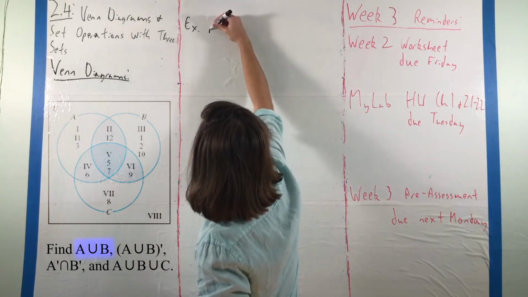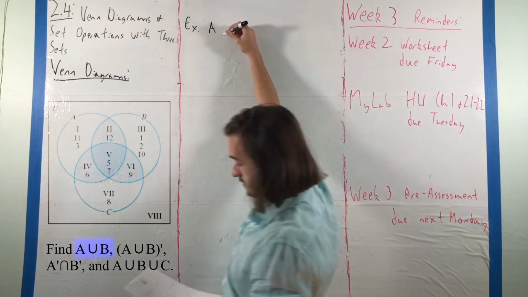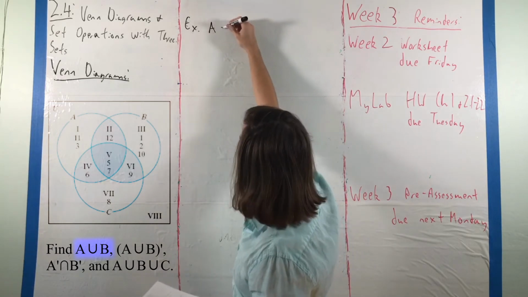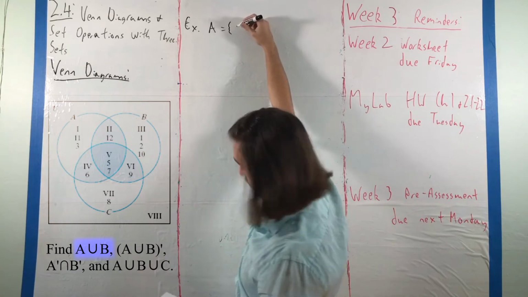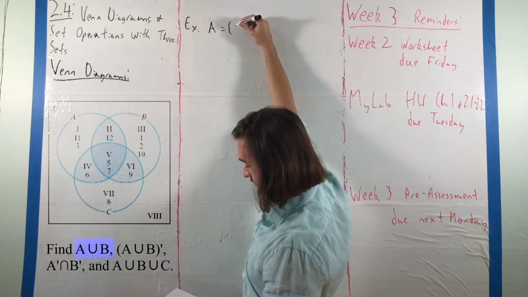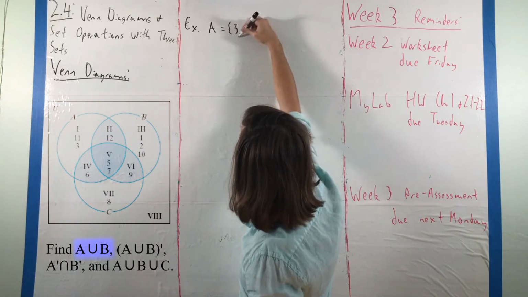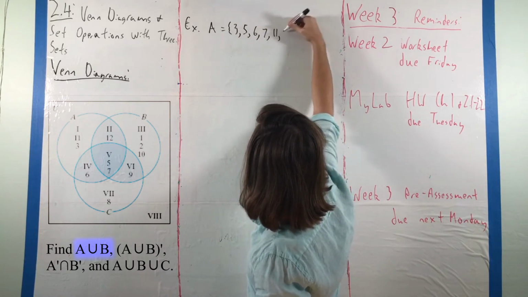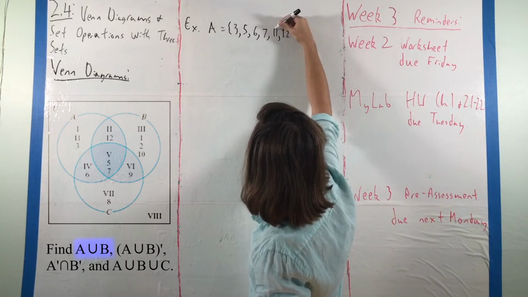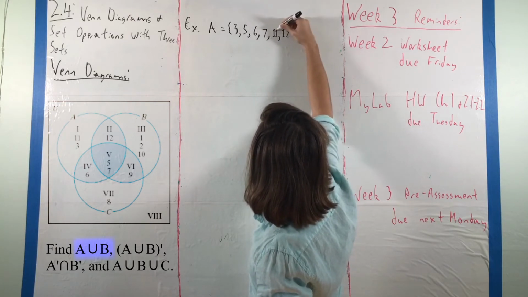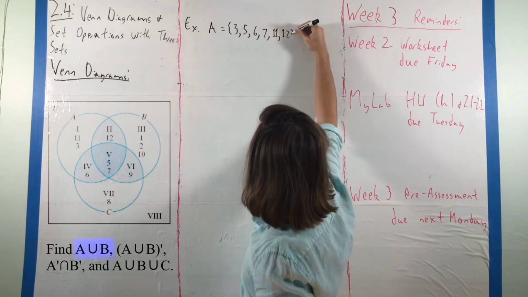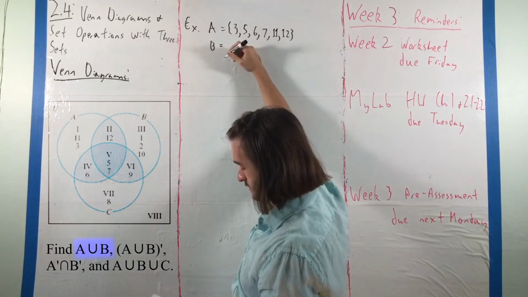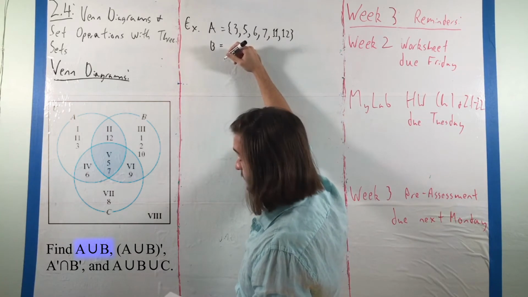So notice that A consists of the regions 1, 2, 4, and 5, and as a set would be 3, 5, 6, 7, 11, and 12. Meanwhile, B would end up being the regions 2, 3, 5, and 6.